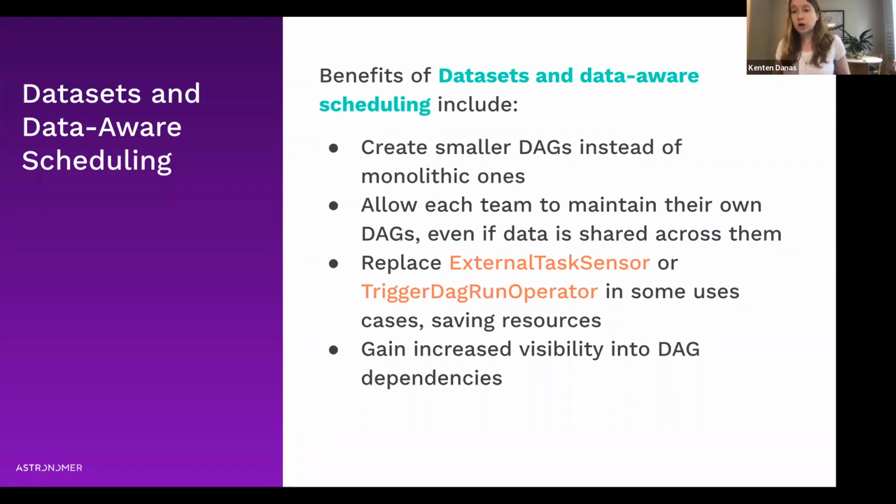Those two options are still going to be relevant in some cases and they work just fine. But in the case of datasets, you will save resources because, as we'll show, you won't have a sensor that's sitting there running, waiting for something to happen. It makes the scheduling a little bit easier, and it's going to be a lot more visible in the UI. So if you are in one of these use cases that we'll talk about, datasets are probably preferable to those two options.